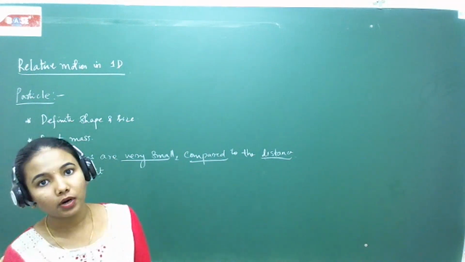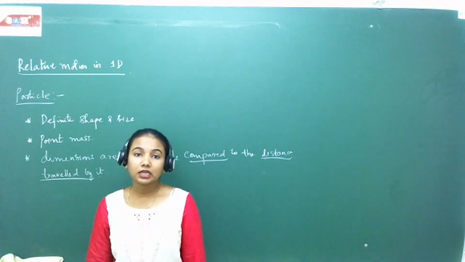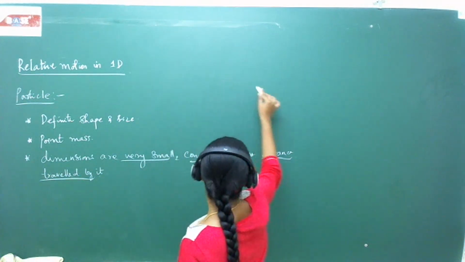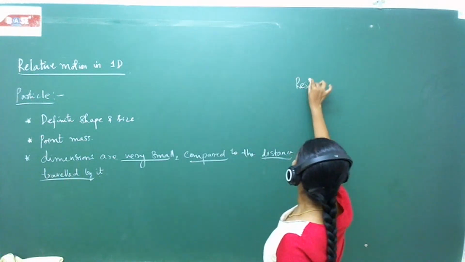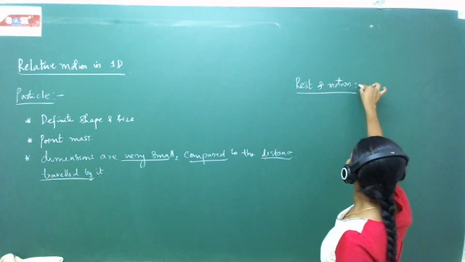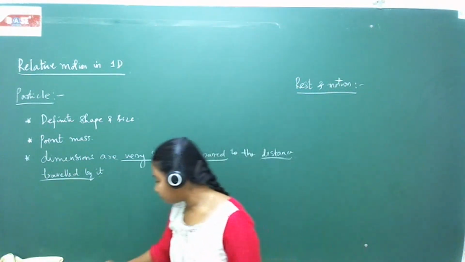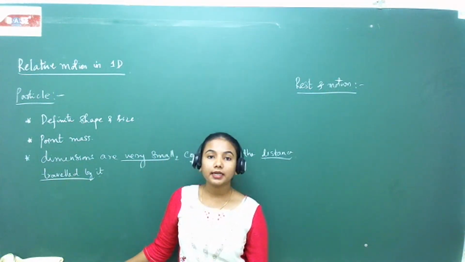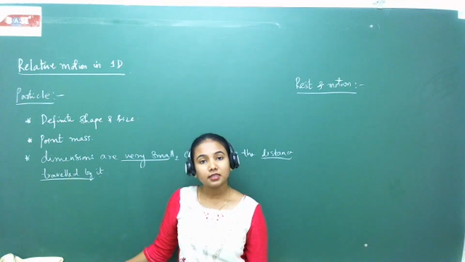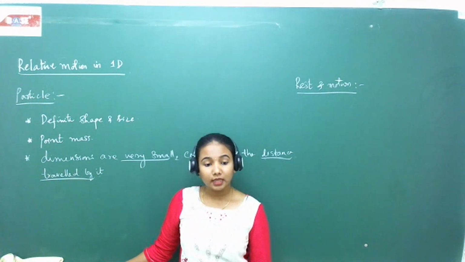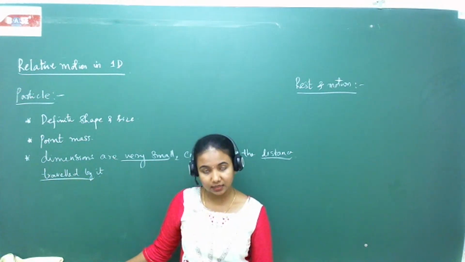Now moving forward, we should know the difference between rest and motion. If a particle or a body does not change its position with respect to its surroundings in the given interval of time, then we say that the particle is at rest.